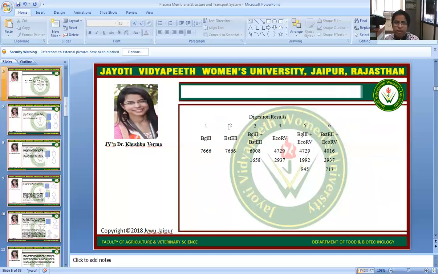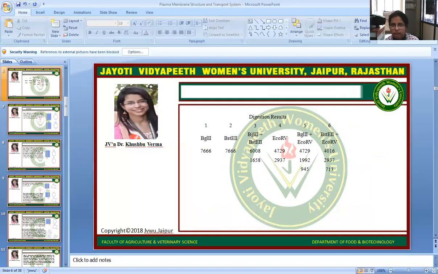This is the table where we can see BglII will have a 7,666 base pair length, which was the first lane. In the second lane, BstEII will have the same band length.